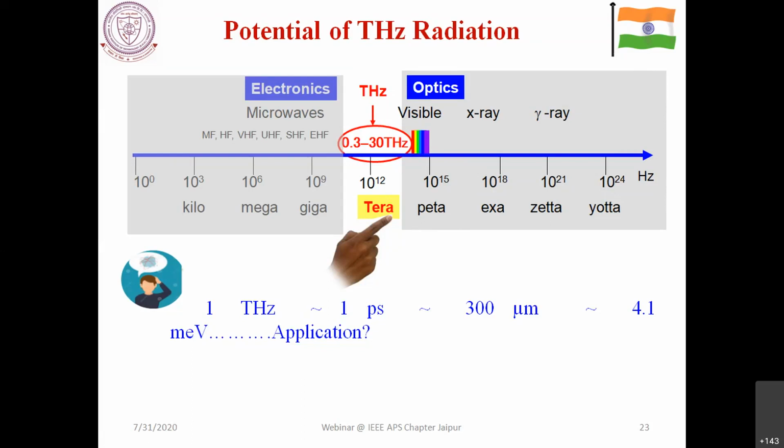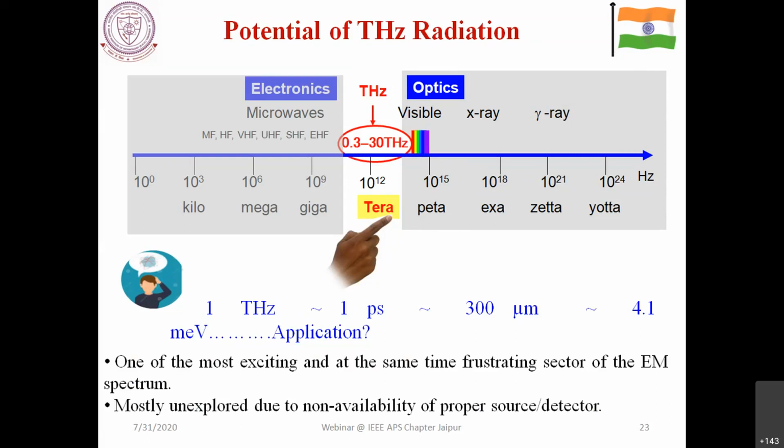This is one of the exciting domains, because you can take simultaneous advantage from both the electronic as well as the optical side, since it's a bridge between the two. But what is the problem? Since it is in a gap, you have to make a proper customization of the device.